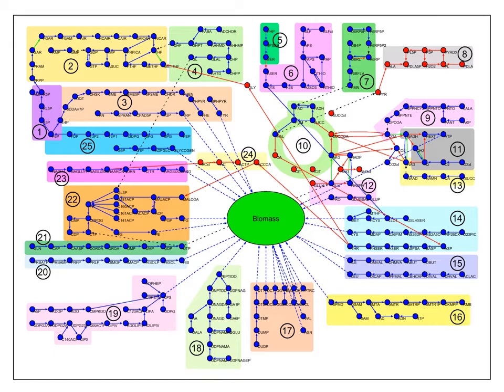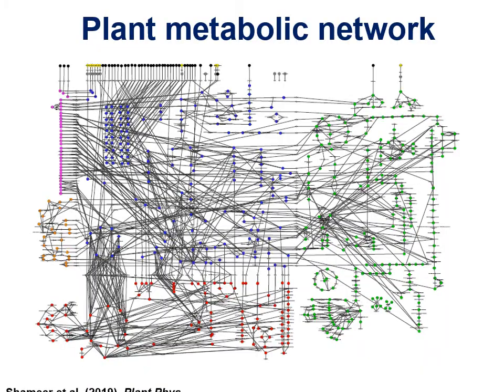And here we have a metabolic path, not really a network, because in a metabolic network you include all the interactions that these metabolites can have with the enzymes. So this is a metabolic pathway, not a network. Metabolic network is this one.